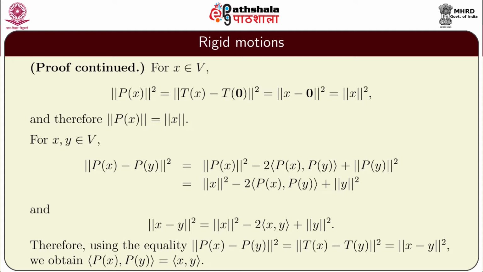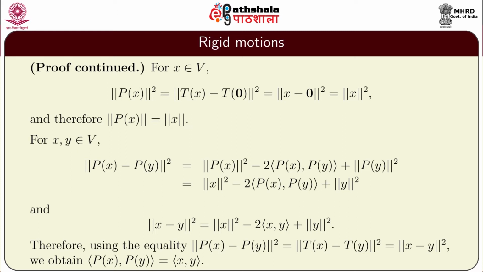And for x, y in V, norm of Px minus Py squared is equal to norm of Px squared minus 2 times inner product Px Py plus norm of Py squared. We have shown just now that norm of Px is norm of x.